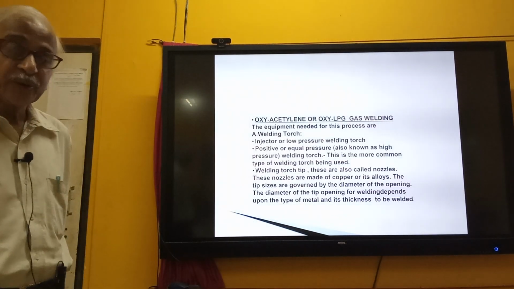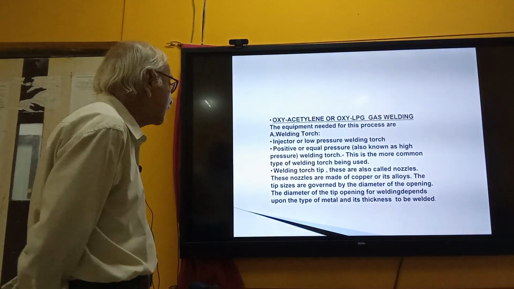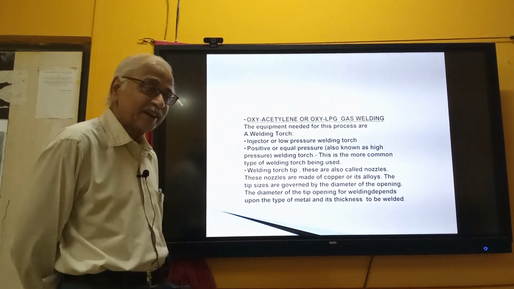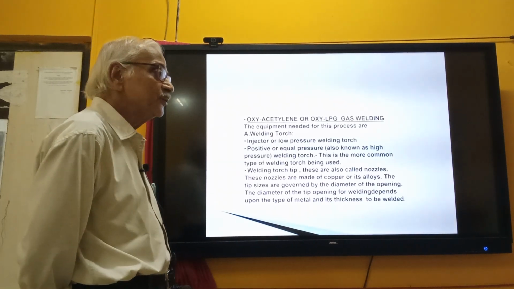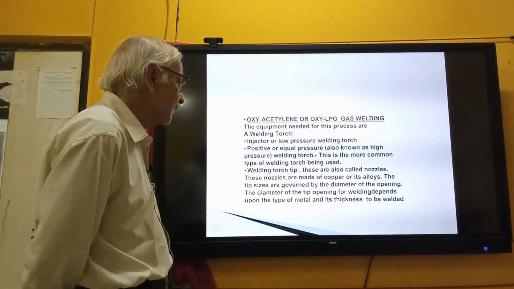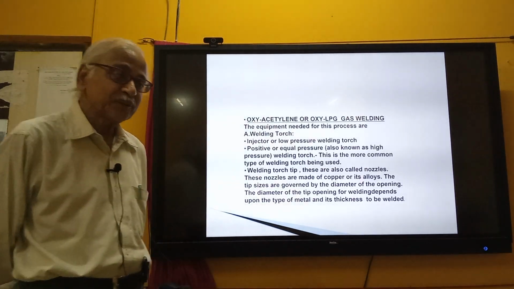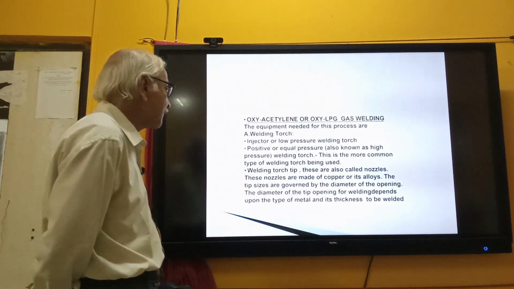So first we start with our old gas welding. In gas welding, the heat is generated by burning gases. It is just like a fuel gas which burns in the kitchen, like LPG, and the combustion takes place with the help of oxygen in the air.